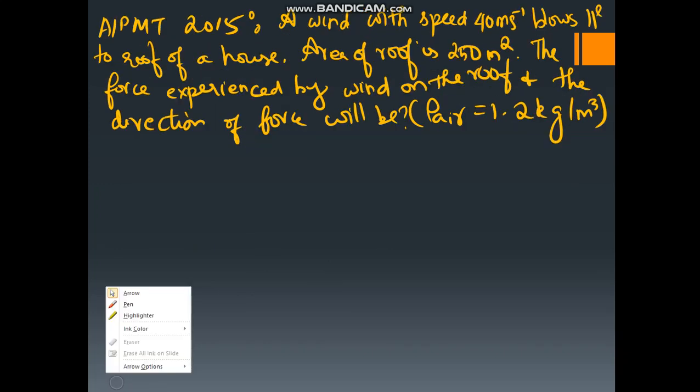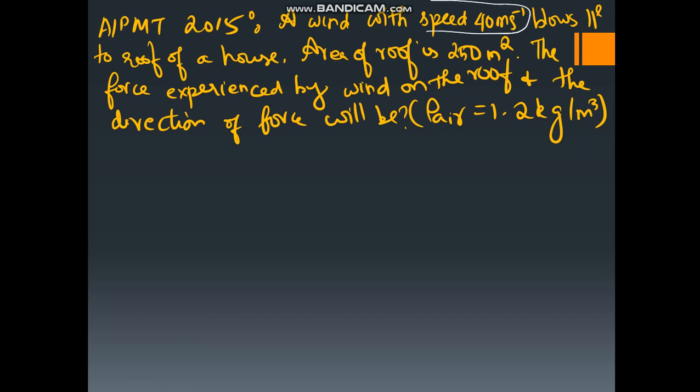Now let us see another previous year question. A wind of speed 40 m s power minus 1 blows parallel to the roof of a house of area 250 meters square. So speed they have given, and they have also given area.